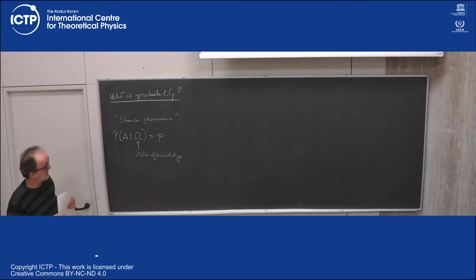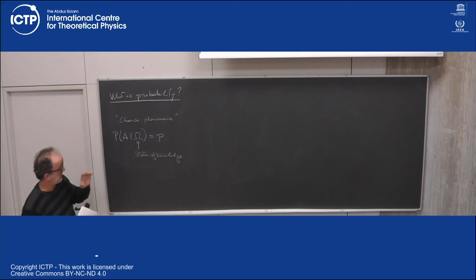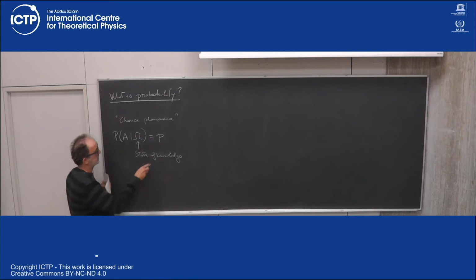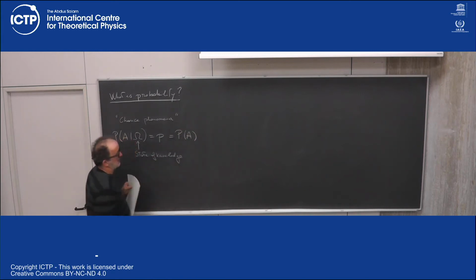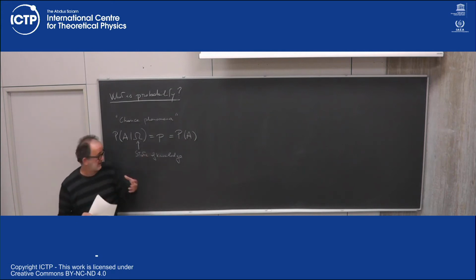And so generally the probability is a function of both these two things. So in most of what we will do in this class, we will just write this as the probability of A, because we will assume that our state of knowledge is fixed and does not change.